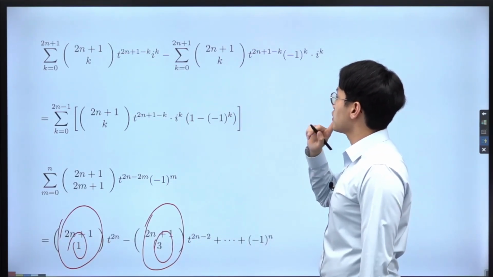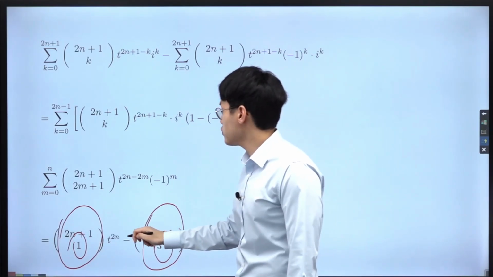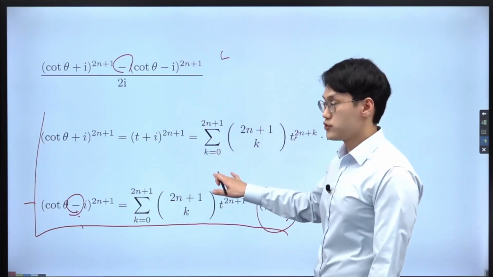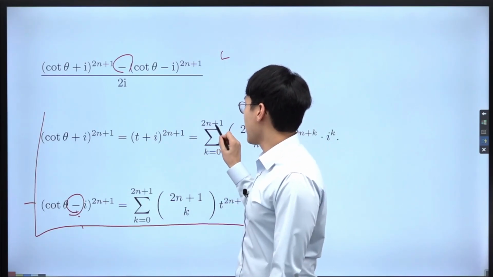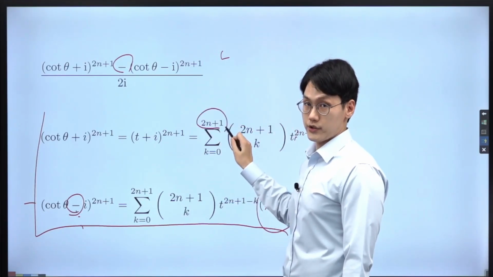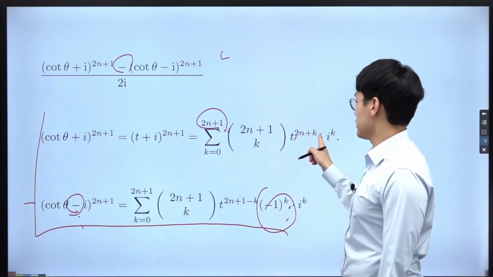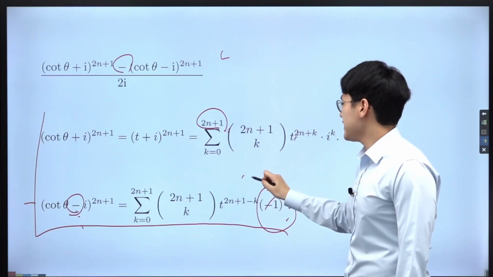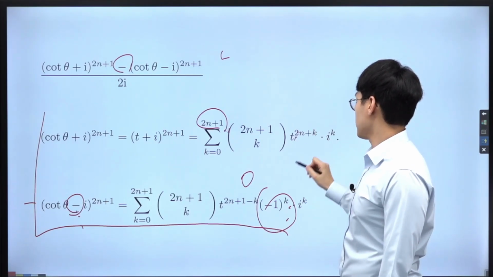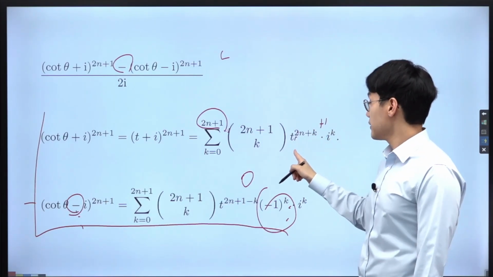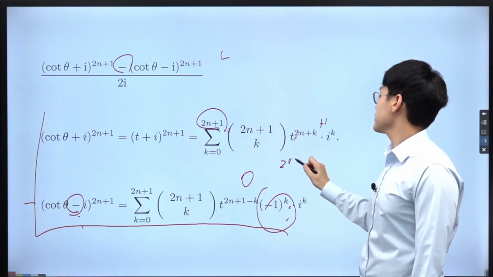And then let me quickly show you why we have a t to the power of 2n. Let's quickly go back to the previous slide. What we want to do here is, we had the power of 2n plus 1, you see? We have a 2n plus 1. So if you put k equal to 0 here, my friend, with the even term, we have plus 1. If I start with k equal to 0, I start with 2n plus 1, you see?